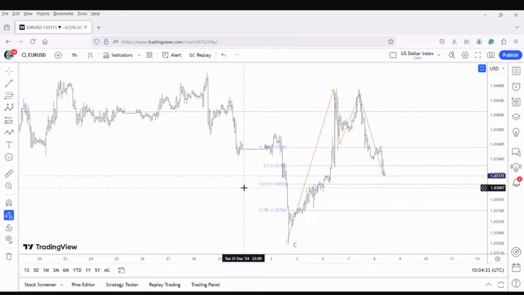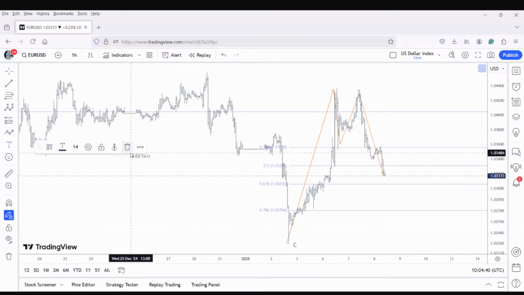So now, let's do a fresh entry related to this session, apart from what we did yesterday during the New York time. It's a potential long entry, and the price action right now is 1.0320, and the earlier entries were 50 and 70 respectively.